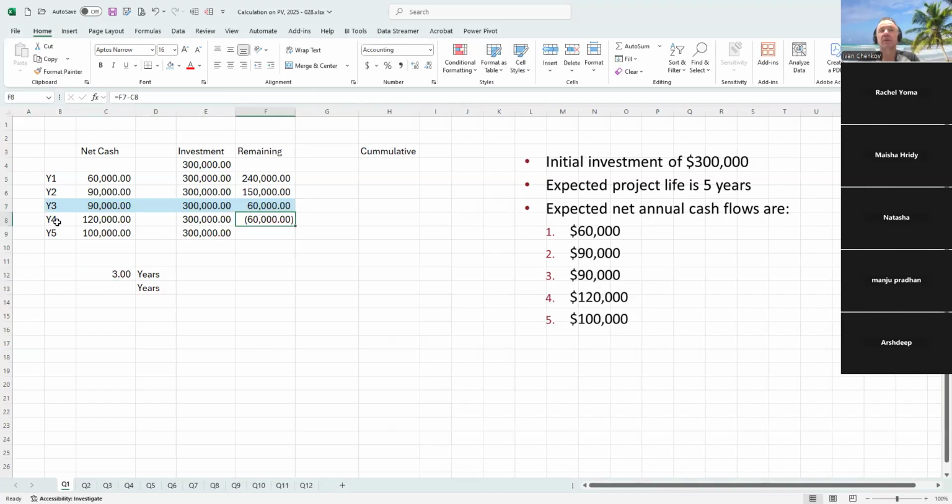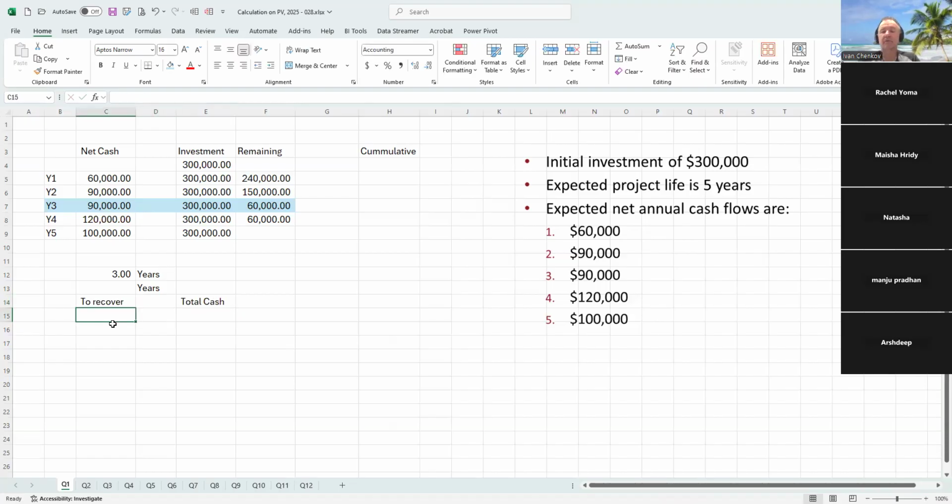Now, as you can see, in the fourth year we're recovering the investment. The question is at which point we're recovering the investment. So we're going to see how much remains to recover. The remaining to recover is 60,000. That's how much we need to recover. But in the fourth year, the total cash that we're getting in year 4 is $120,000.